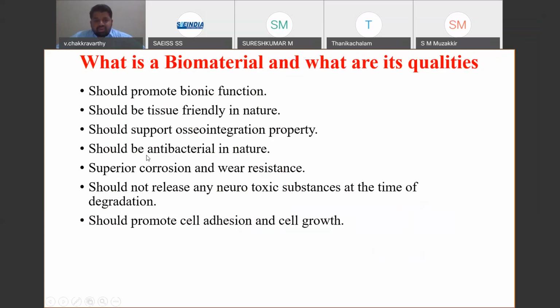Then the next one is antibacterial in nature. For example, if a biomedical implant is implanted in the body, of course it will be biocompatible in nature. However, there is no guarantee that the material will be antibacterial.